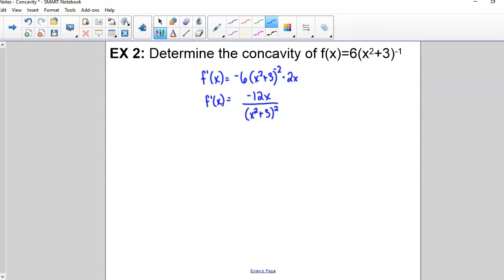Okay, questions there? Alright, we must take the second derivative. So we've got to take the derivative again. So, Lakin, what would we do to take that second derivative? Good.